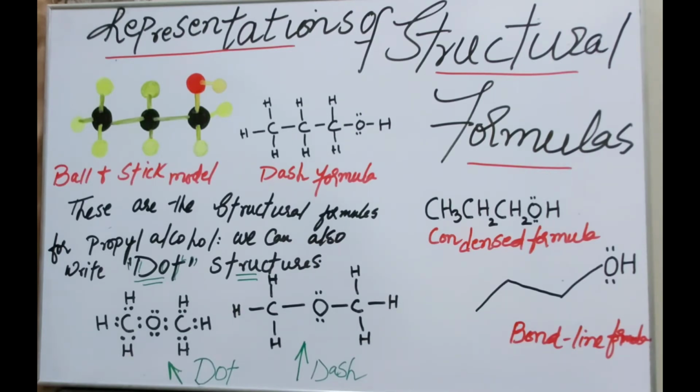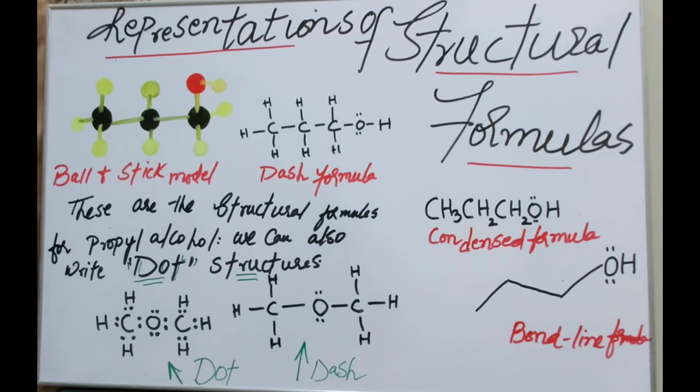So I have now shown you the ball and stick model, the dash formula, the condensed formula, and the bond line formula for the compound called propyl alcohol.